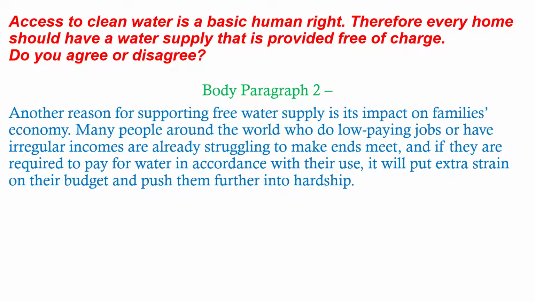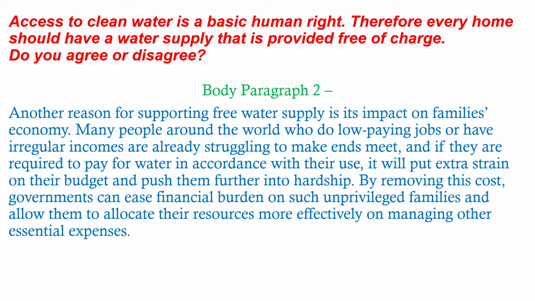So, like we have told the examiner, this paragraph is about impact on families' economy, and we have told what kind of people will be impacted, like those who are doing low paying jobs or those who have irregular incomes. They are already struggling to make ends meet, to complete their basic needs, and if they have to pay for their water use, it will put extra strain on their budget, and they will face further hardship.